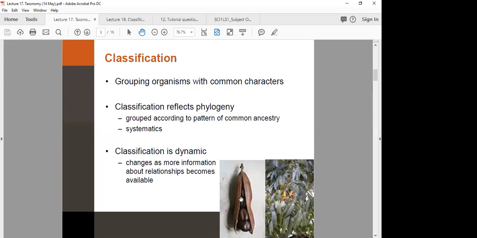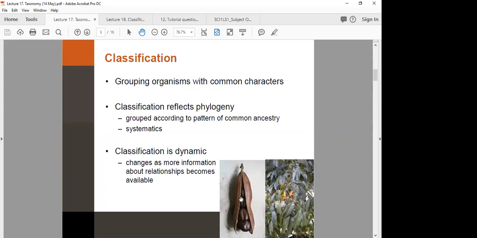So in order to search for other sources of this important chemical, they looked at the characters found within this particular tree, and in particular they looked at the morphology of the pollen that it produces. So in other words, the form, the structure, the size, and so on of the pollen.